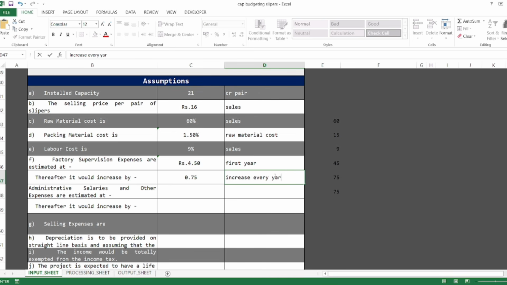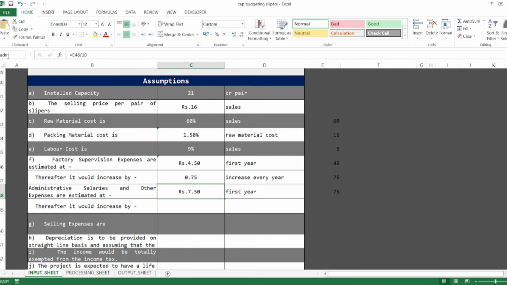Here I'll be using short terms like expense for EXP, and increase with INC. Now moving to administrative salaries and other expenses, again select the cell that is equals to E48 divided by 10, we'll get our answer 7.5 for the first year, and for the next year it would be increasing by 0.5.